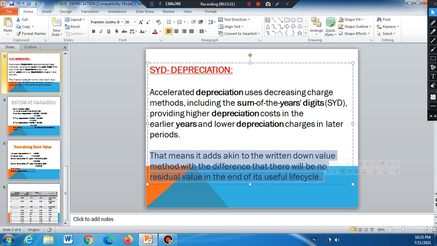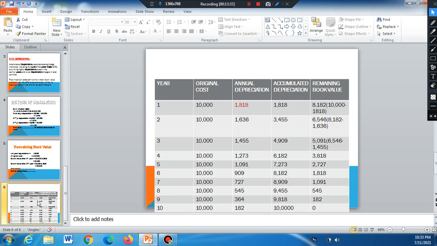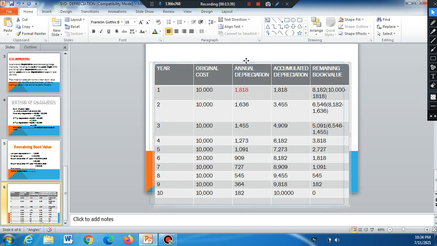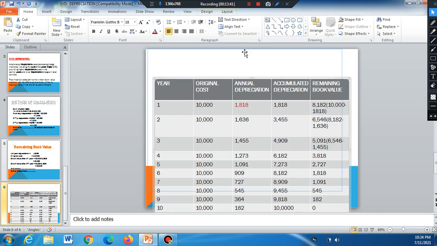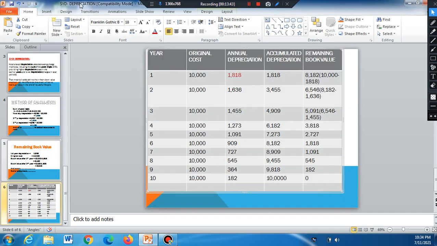And we have considered the useful life of the fixed asset was 10 years, and the cost of the machine we have taken 10,000, and finally our answer is like this. Okay, so this is what we need to mention here in our concept.